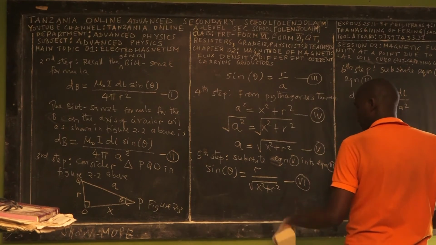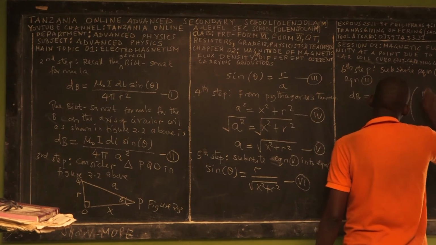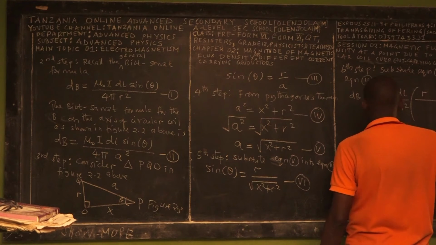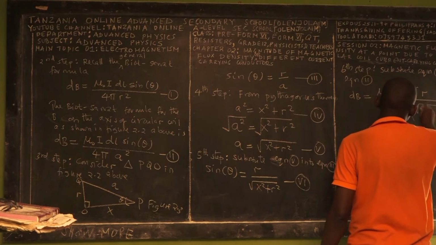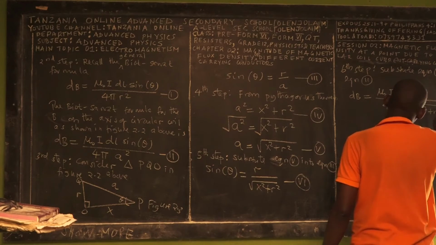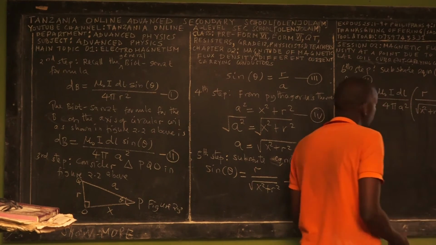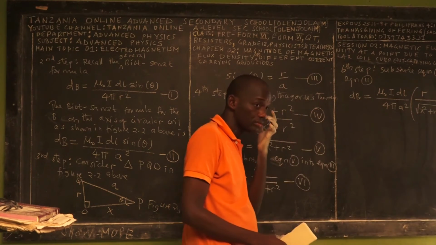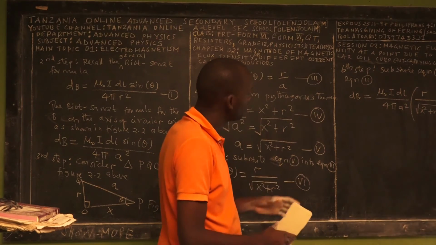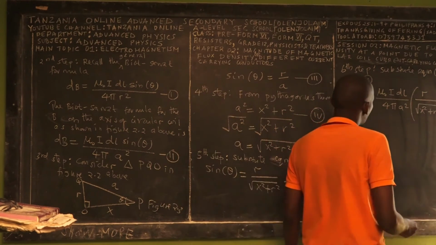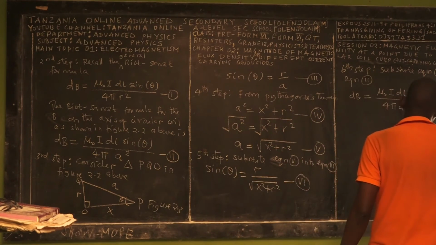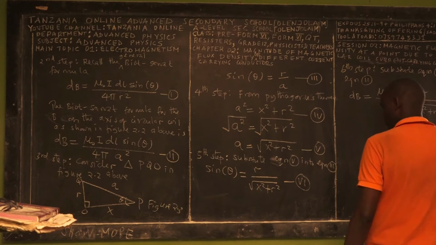But sine of angle theta is equal to the radius of the circle over the square root of x square plus r square. Again, this will make equation 7.